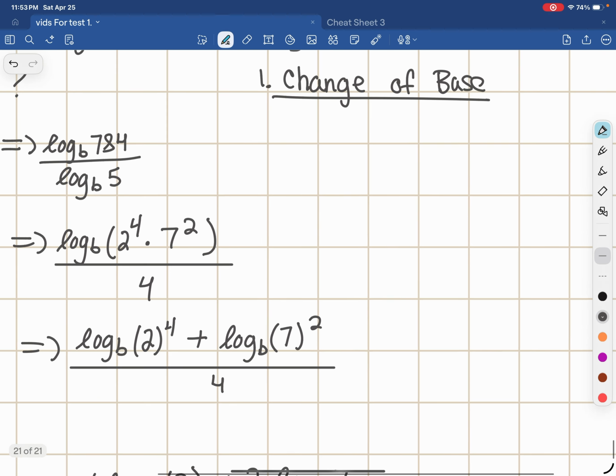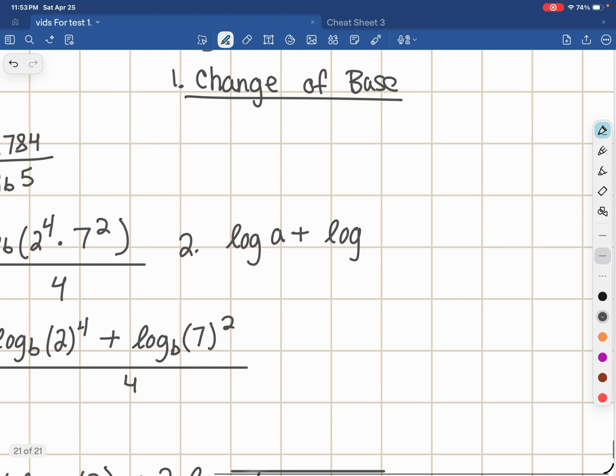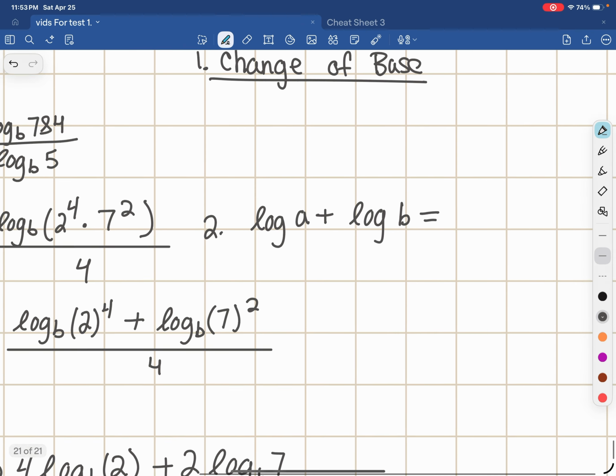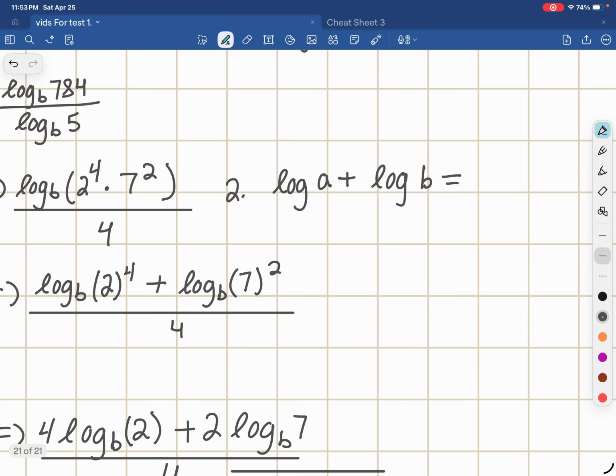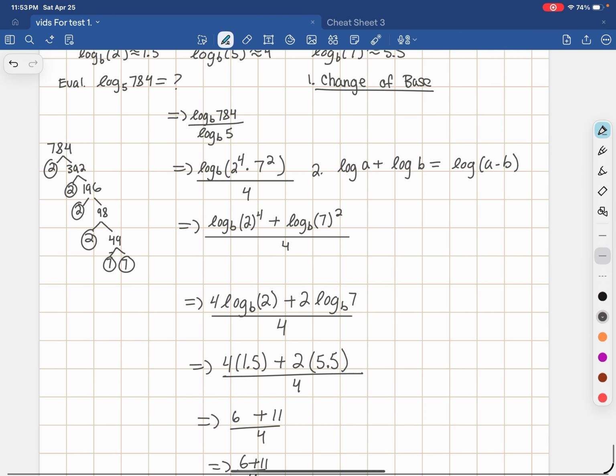The second thing we used is log of A plus log of B equals log of A times B. Beautiful.